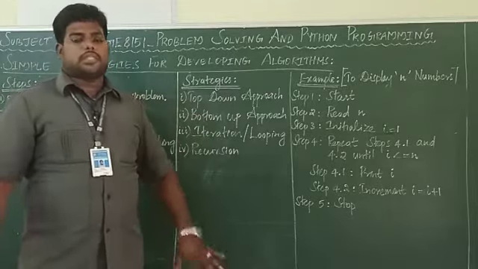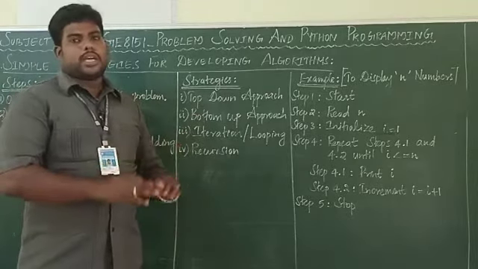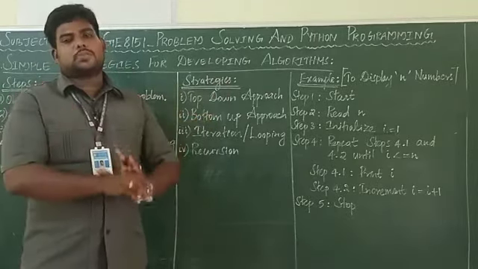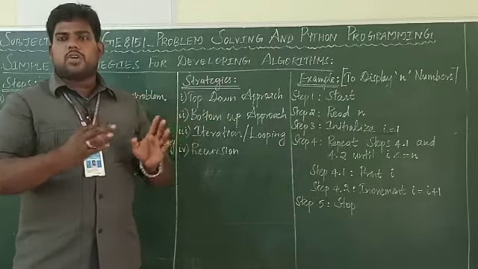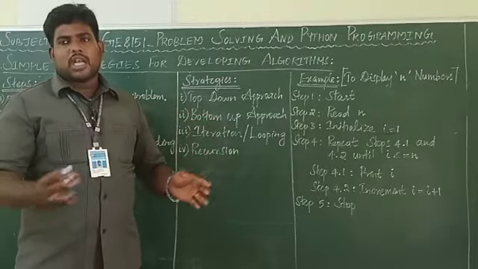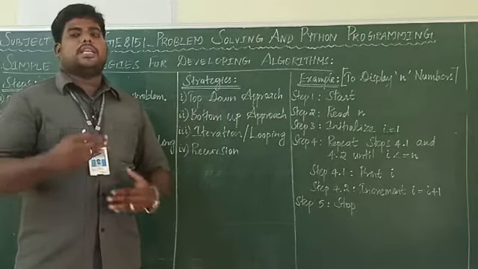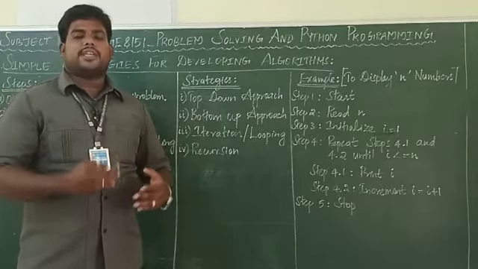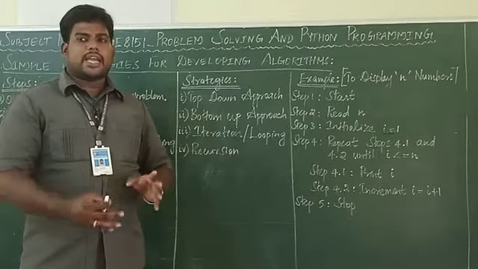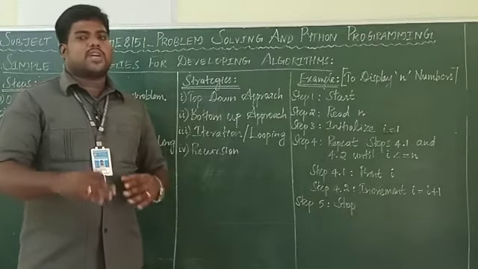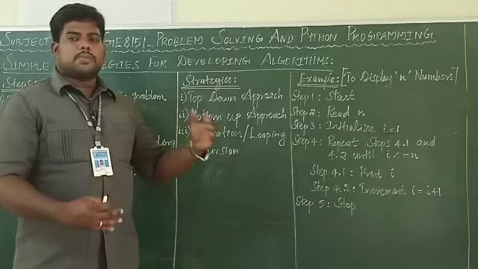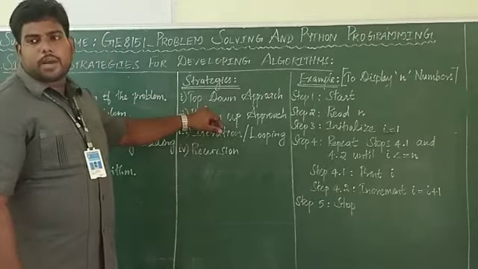Top-down approach means, as I told already, one big complex problem is divided into small problems called modules. Again the small problems are divided into submodules, and each submodule is executed again and again, and we solve the complexity one by one. That is called the top-down approach.